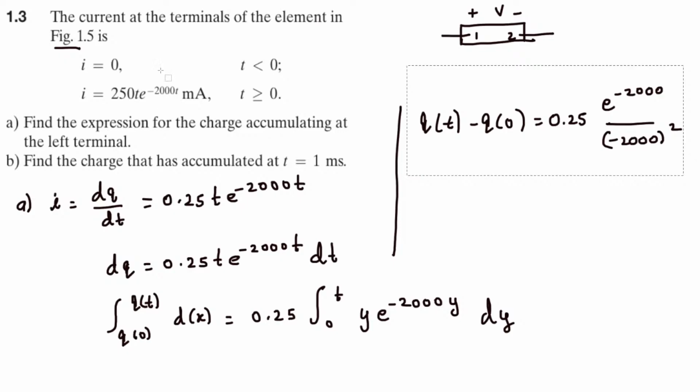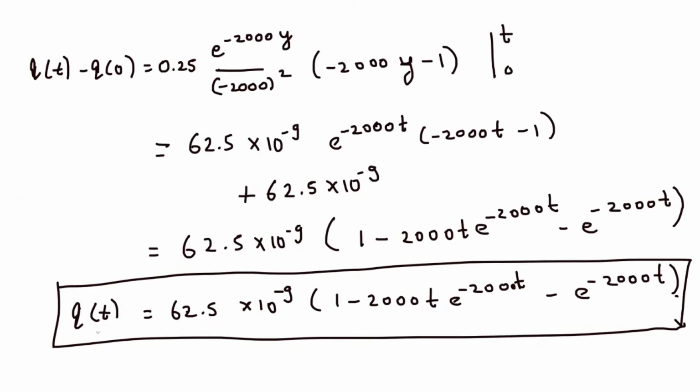Okay, and the b part is asking, find the charge that has accumulated at t equal to 1 millisecond. Now what we need to do is, instead of this t, we replace that t with 1 millisecond. 1 millisecond is 0.001 second.